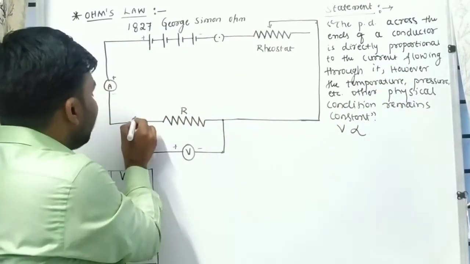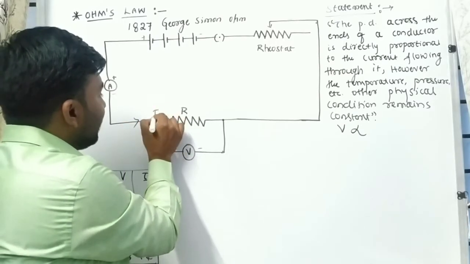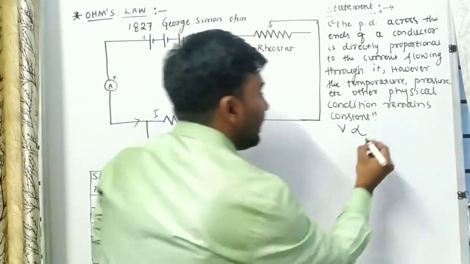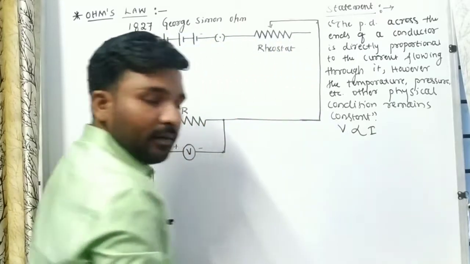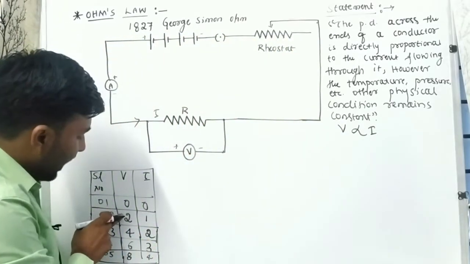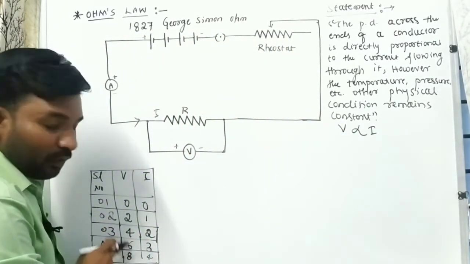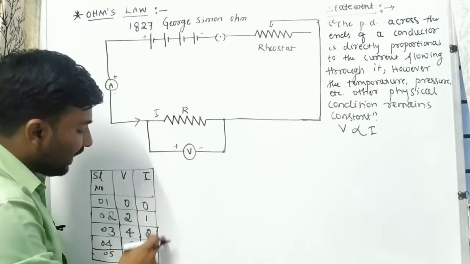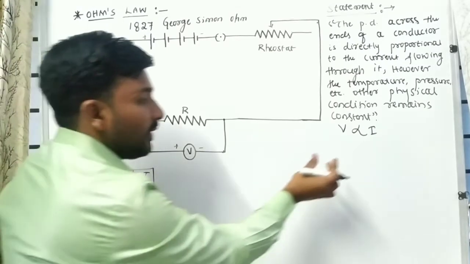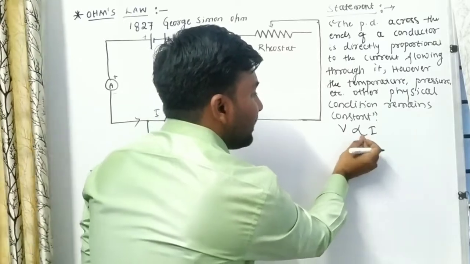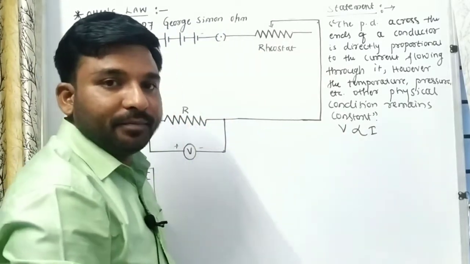Because as the potential difference is increasing, the current is also increasing. So that is the meaning: V is directly proportional to I.